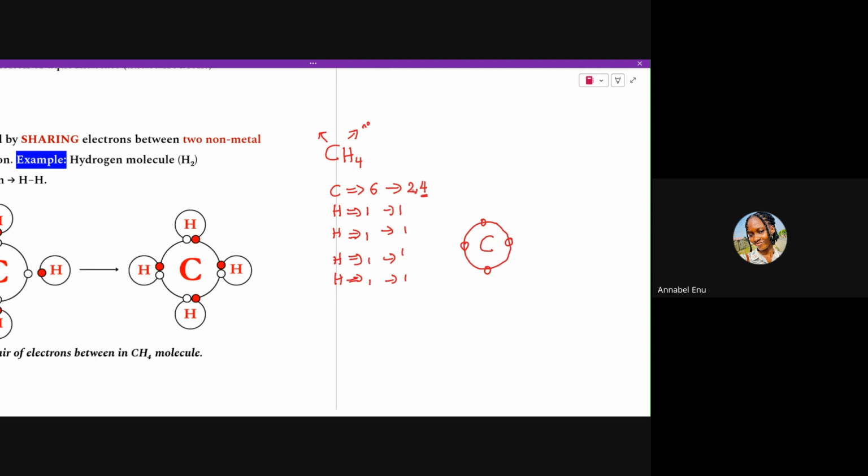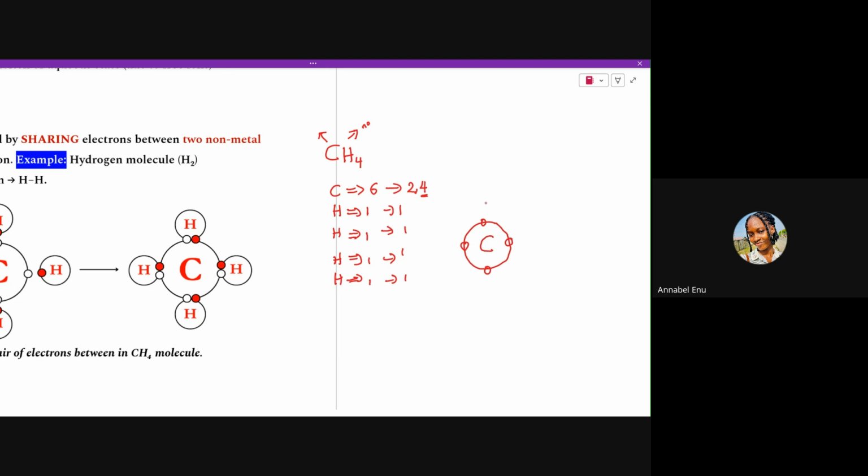We'll leave the 2 alone because it's this 4 that needs to achieve an octet, so it needs to be 8. Carbon is not going to donate its 4 or accept another 4. This is not transfer of electrons. This is not ionic bonding. Covalent has to do with sharing, not donating and accepting, okay?